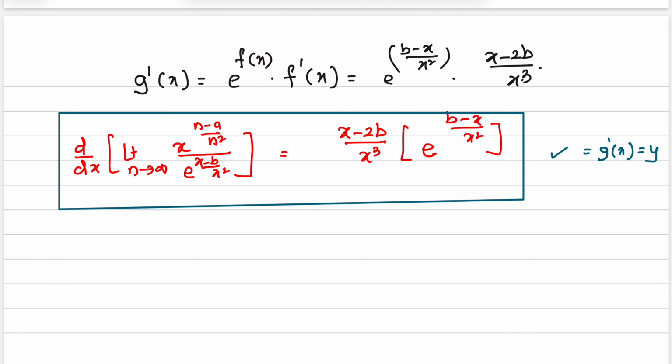If I call this value y is equal to g dash x, that means I can plot for different values of x the values of y, if b is taken as a constant. How to plot it, we will see in the next lecture. I will continue. Plotting we will see in the next lecture.